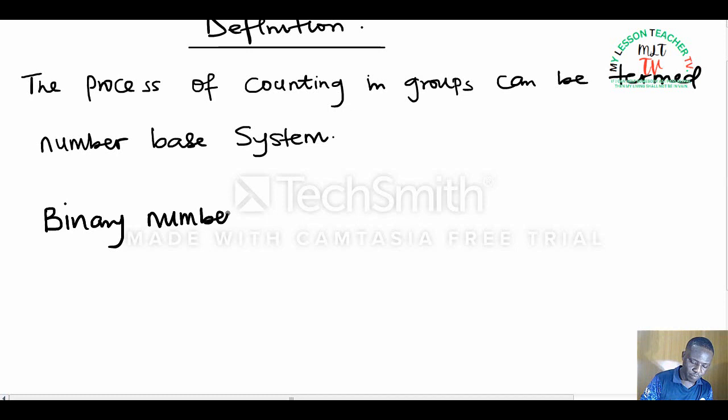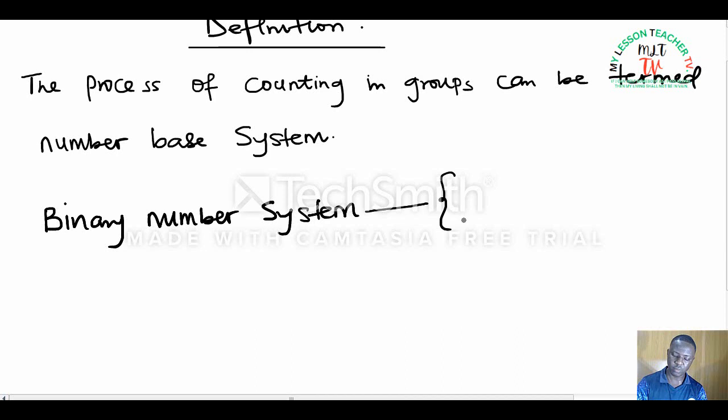We say the binary number system has just 2 digits, which are zeros and ones. So in the binary number system, you have zeros and ones, and it is also said to be the base 2 number system.